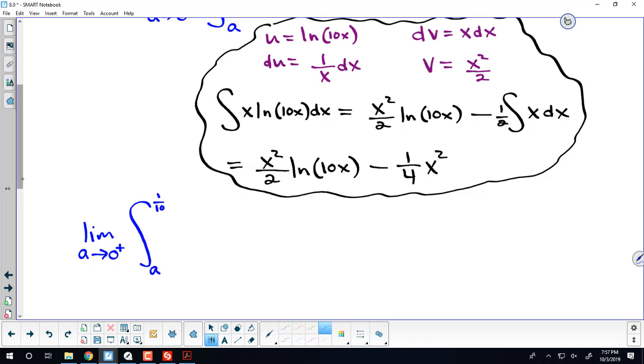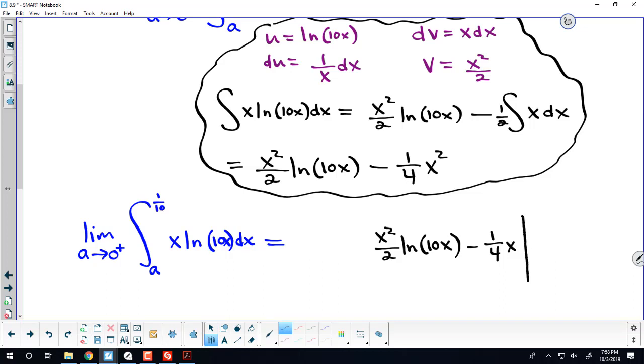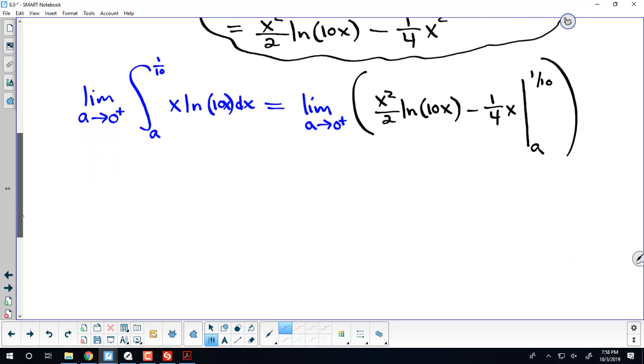From a to 1 over 10 of x ln 10x dx equals x squared over 2 ln 10x minus 1/4 x squared, evaluated from a to 1/10. Okay, so plug in our bounds, then compute the limit.